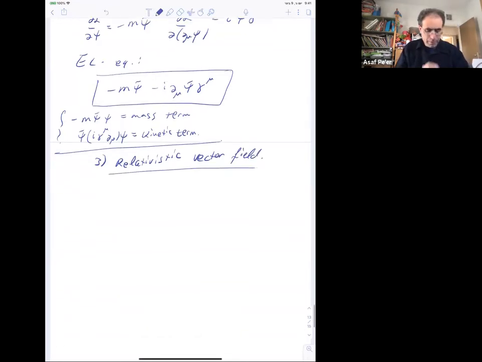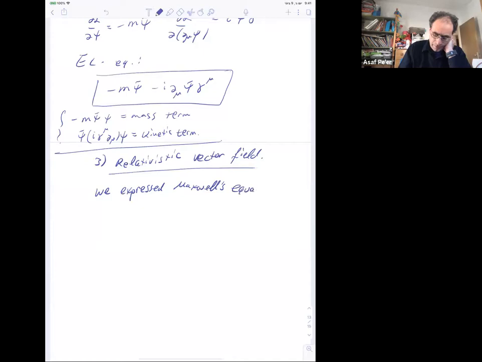So we show the Maxwell's equations, right? Remember that when we discussed that, we have the Maxwell's equation. We express them as d mu F mu nu equals J nu.